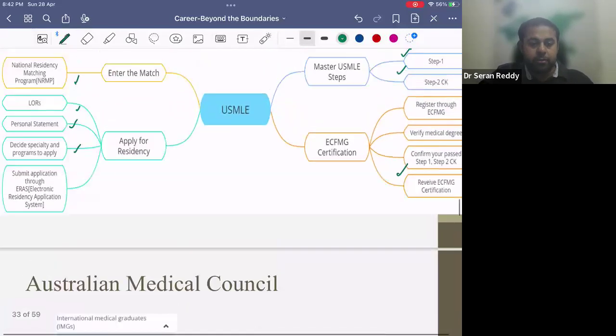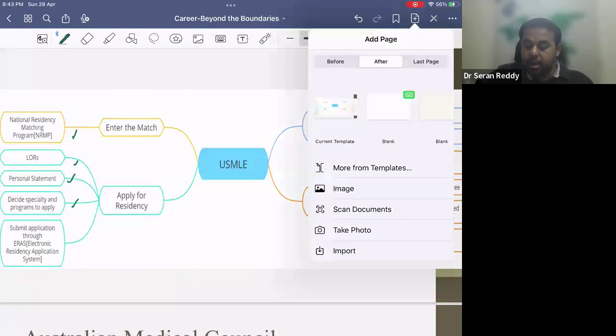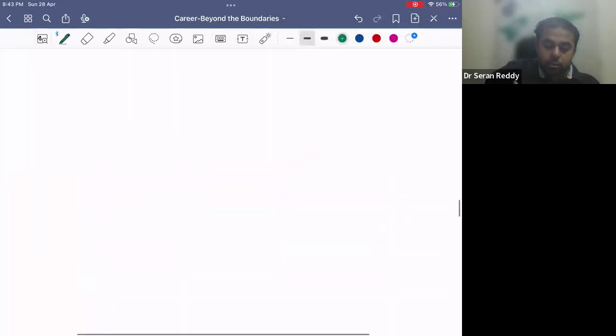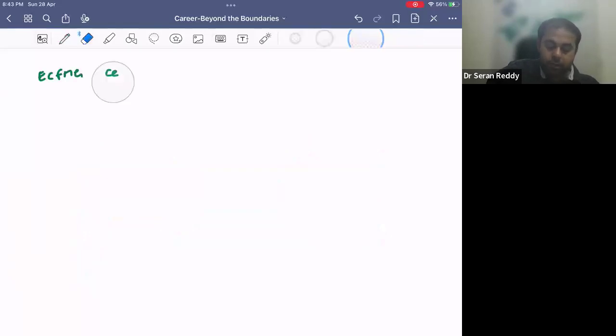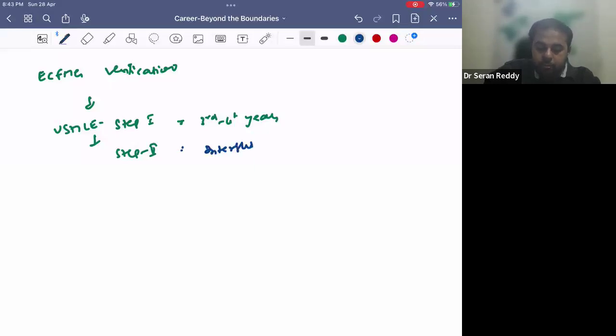So usually the sequence is: ECFMG verification, then USMLE Step 1, preferably in your 3rd or 4th year, and Step 2 during your internship or after that.